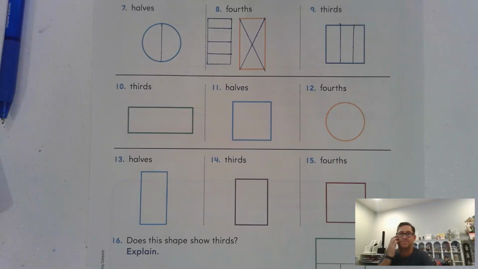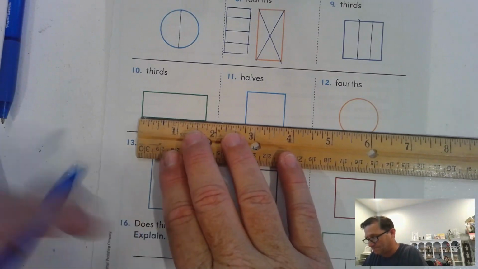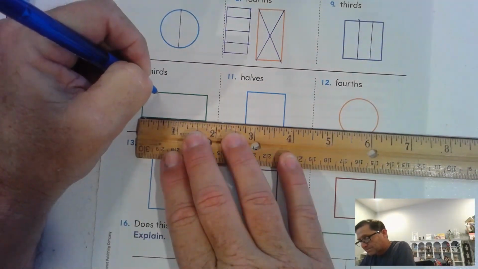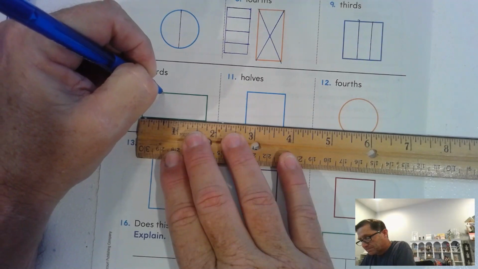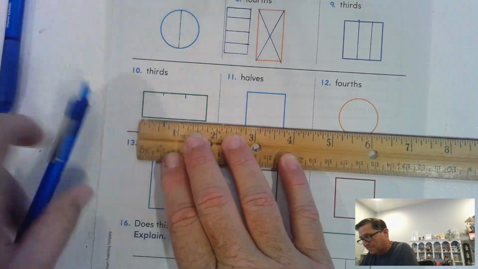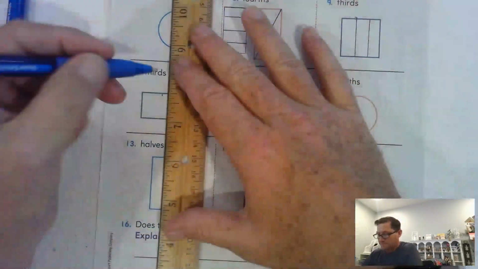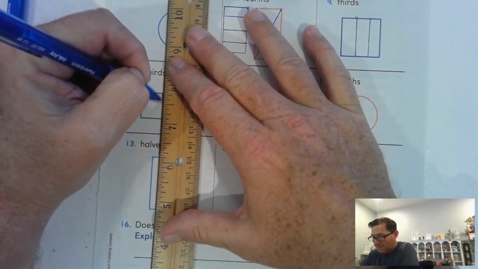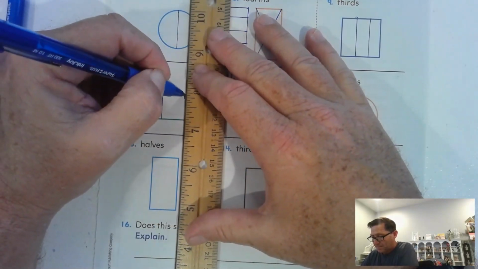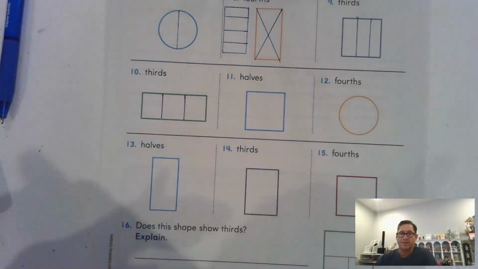So thirds. Again, thirds. Again, we're kind of just eyeballing what would be three equal parts.